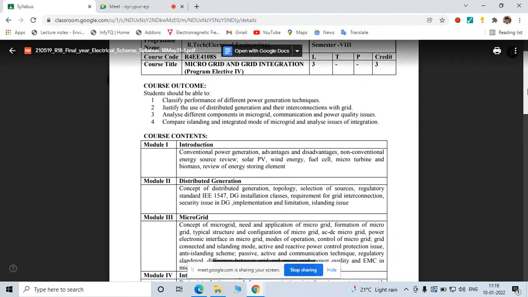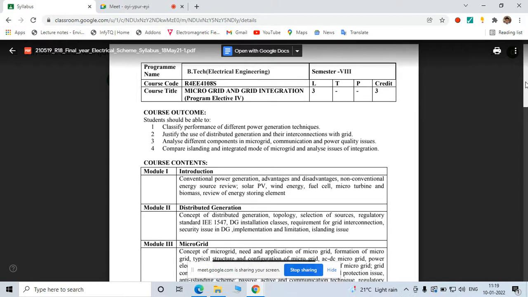In the first unit, you have already covered all types of power generation plants, some conventional and some non-conventional, in your non-conventional energy source course and power system course.